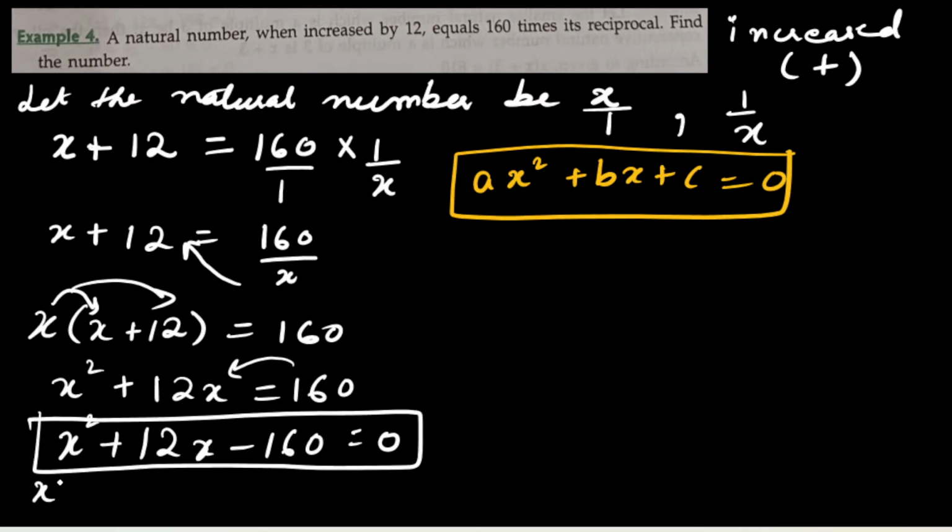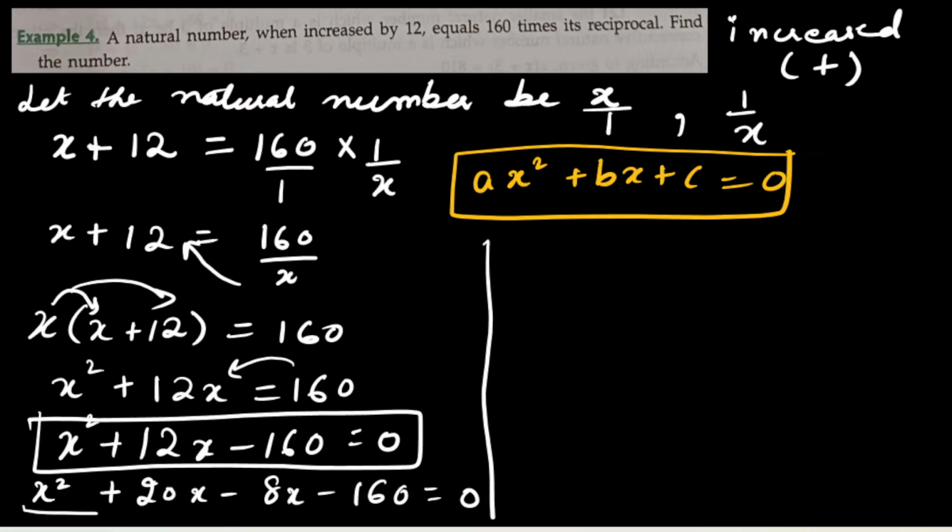Now we just have to simplify by splitting the middle term. So what are the factors? 20 and minus 8. So x square plus 20x minus 8x minus 160 is equal to 0.